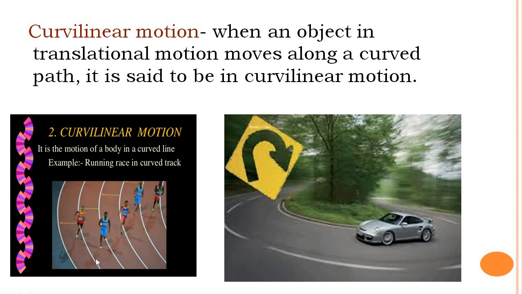That's why they are in curvilinear motion. So curvilinear motion means when an object in translational motion moves along a curved path. There are two types of translational motion, rectilinear and curvilinear. Rectilinear means covering a straight path. Curvilinear means moving along a curved path.